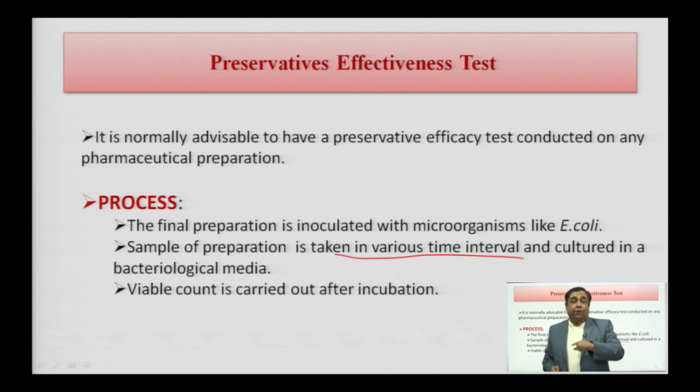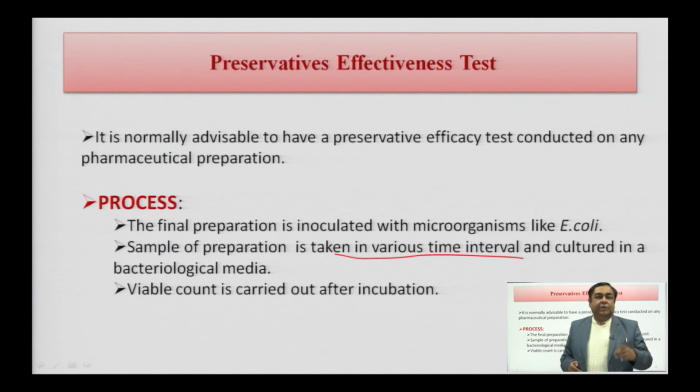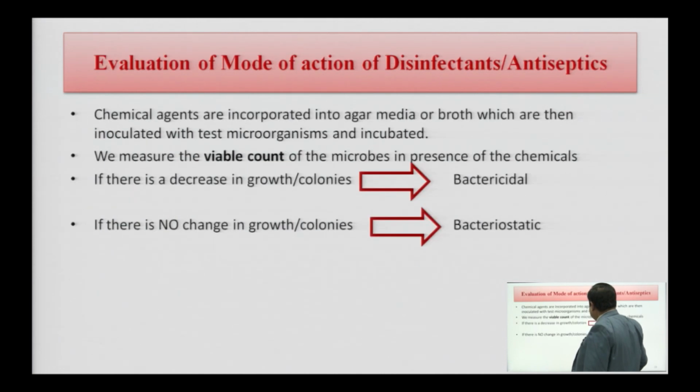If the number of organisms remains the same, that is, there is no decrease, we call it bacteriostatic, because cidal means diminishing, static means remaining stationary. Therefore, estimation of viable count during the period of incubation will give you an idea whether the preservative is bactericidal in nature.